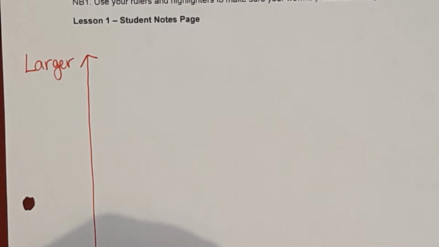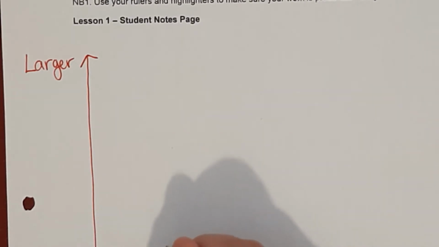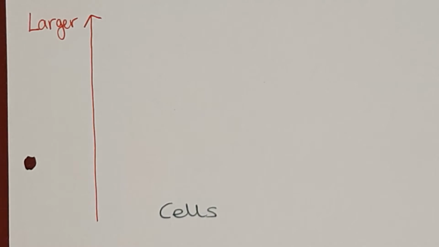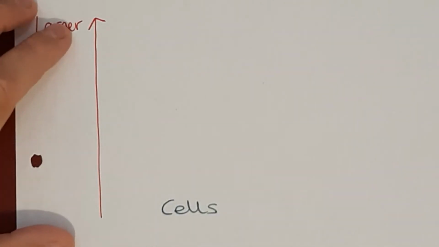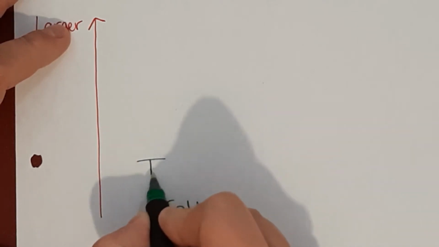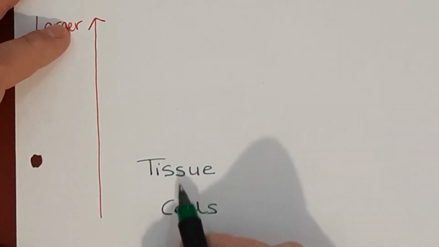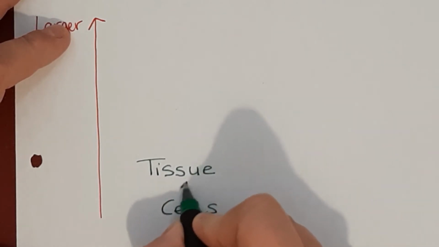So, first of all, at the very bottom of this pyramid, we have cells. Then above cells, we have tissue. And tissue is made up of cells.